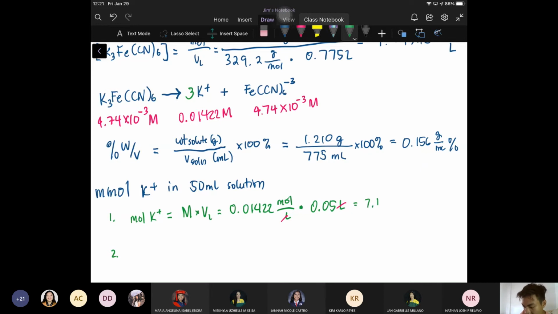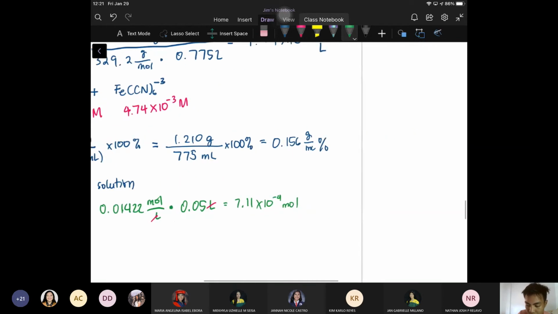So, the answer is 7.11 times 10 raised to negative 4 mole. Then, ano susunod? Convert mo yung mole to millimoles. Paano? Fraction. 1 mole. Ilang millimoles kaya yung 1 mole? Di 1,000 kasi nga, milli. Okay? Cancel. So, the answer will be 0.711 millimoles. Okay? So, yan yung sagot.